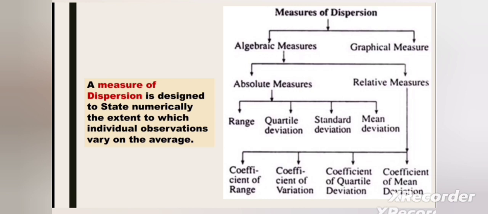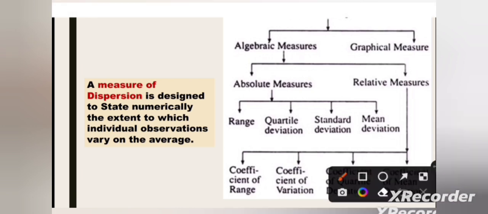So, to find out how the individual observations are dispersed around the mean of a large series, we use these measures of dispersion, which are designed to state numerically the extent to which the individual observations vary on the average.